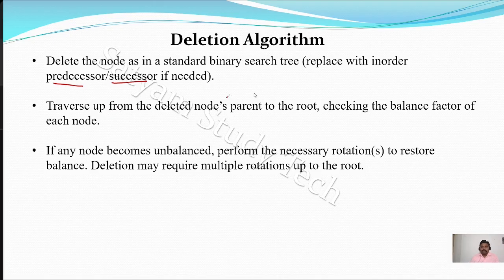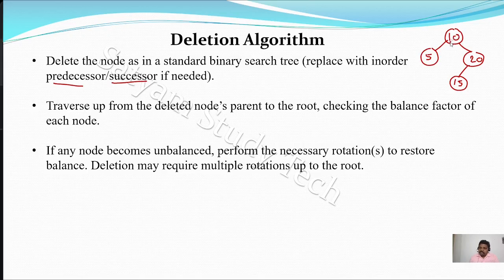Now you can see one example. Here, for example, it is 10, left node is 5, right node is 20, and here it is 15. If we want to delete 10, either it can follow inorder predecessor or inorder successor.